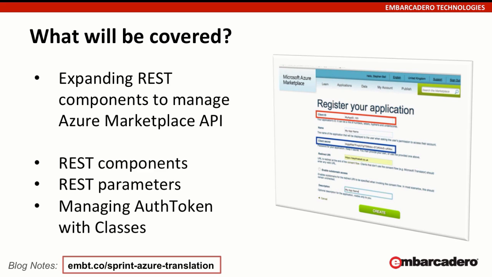So what we're covering today, basically we're going to be looking at expanding and using the REST components. We're going to go through a full example of connecting up to the Azure Marketplace, and I plan to take you right the way through my journey from finding the service, finding the cloud API, going through the documentation, finding snippets from different code samples that have helped along the way, and then putting it all together to be able to use with Delphi, and then go ahead and take it to the next step of wrapping it up in some components to provide some specific helper functionality that makes it very easy to deploy multiple times through multiple applications.